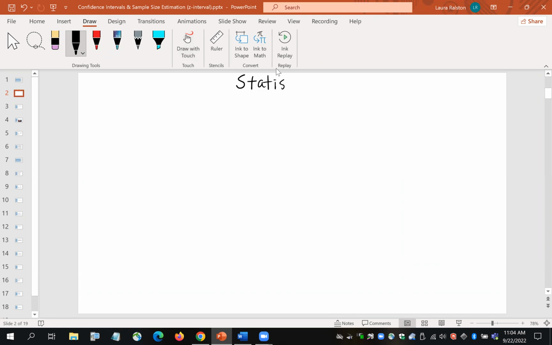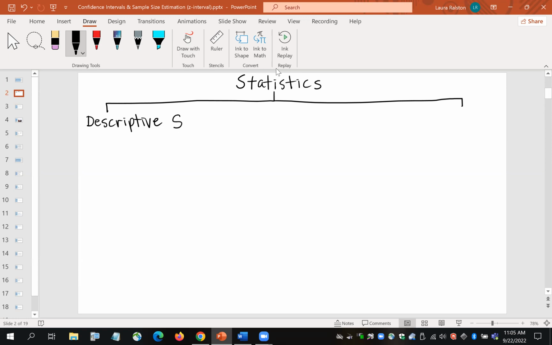in the beginning of statistics, specifically Stat 1401, we talk about the fact that there are two different branches of statistics. The first branch is descriptive statistics.